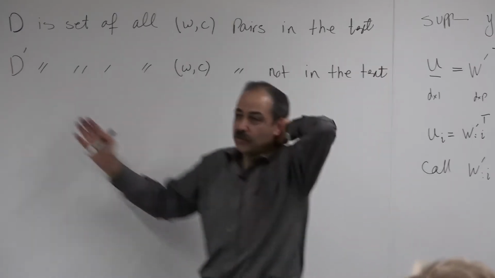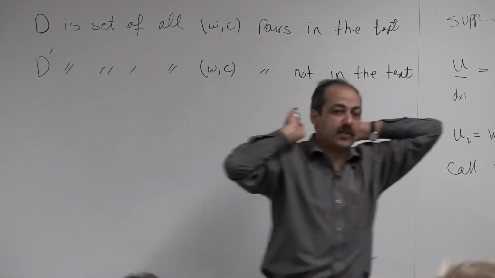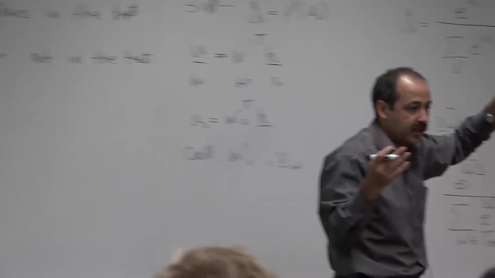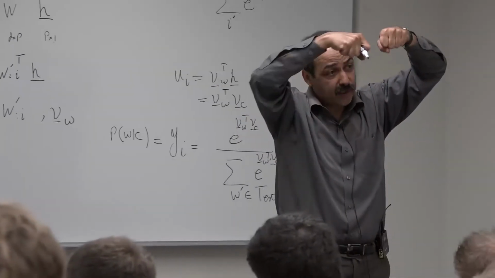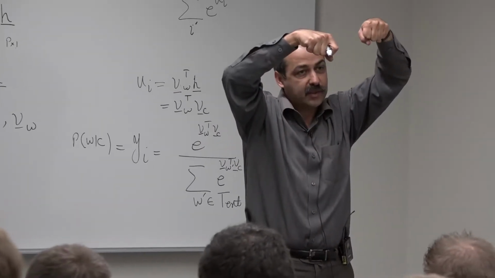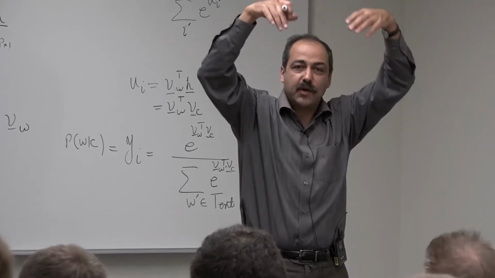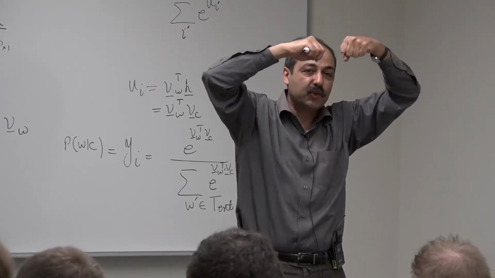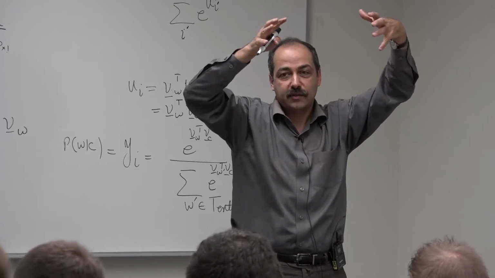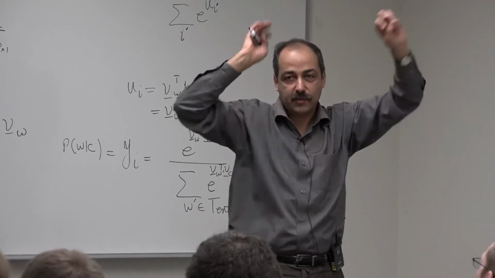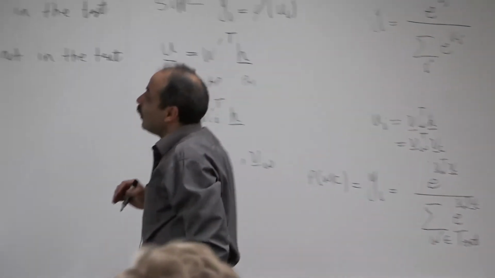So you may think that we don't have D prime, but for the moment assume that we do. Okay, so you have the text. In the text you can see pairs that come together and put them in a set. Now assume that somehow I have another set that shows pairs that are not coming together in my corpus. Okay, so that's D prime.